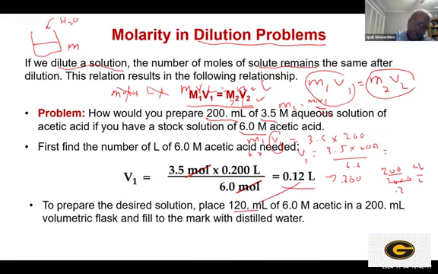This solution in a 200 flask is the one we use to prepare the 200 milliliter solution. And to the stock solution, change the volume from 120 milliliters to 200 milliliters. So you get the required solution.